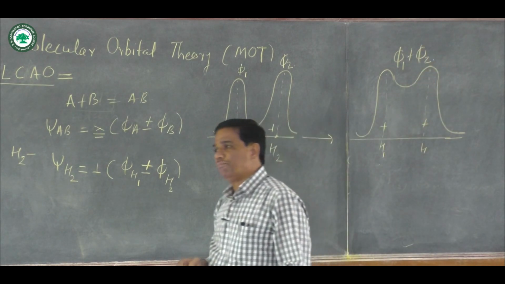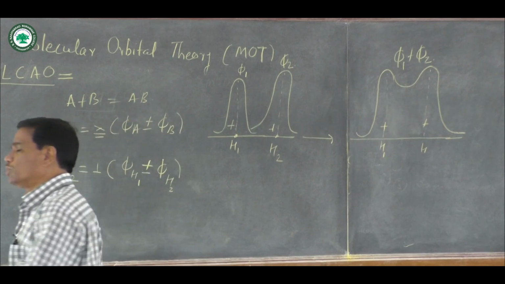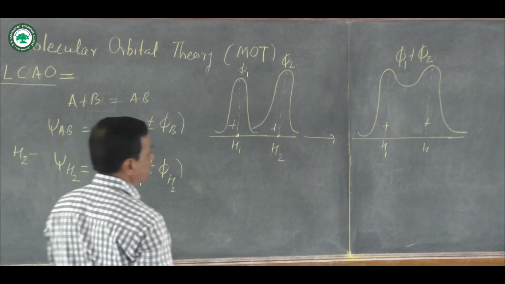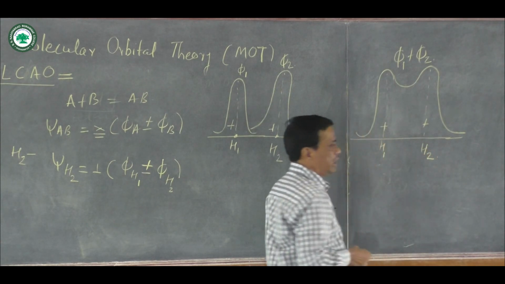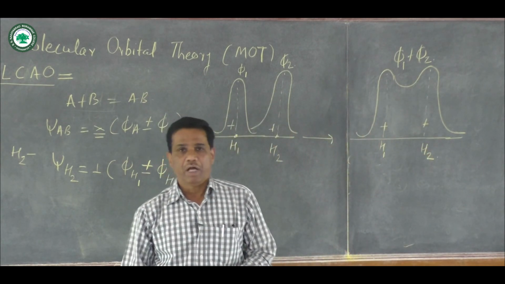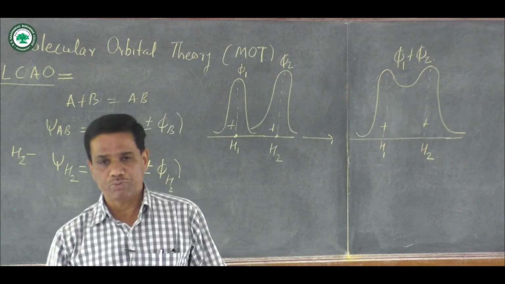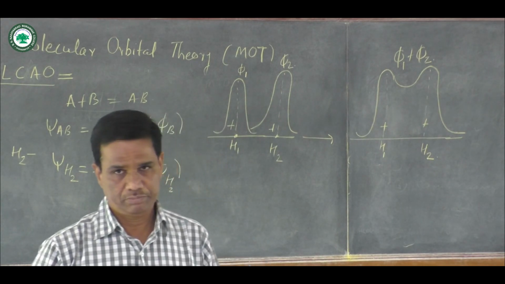You know that phi 1 and phi 2 are the wave functions for the first hydrogen atom and the second hydrogen atom, and from their combination a large curve, meaning the wave function, is obtained.